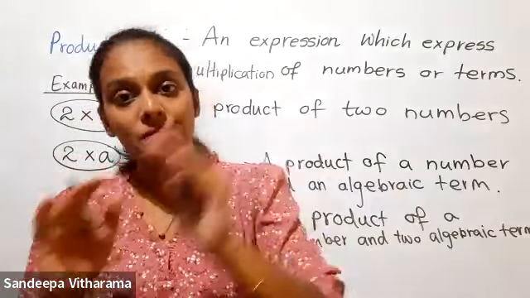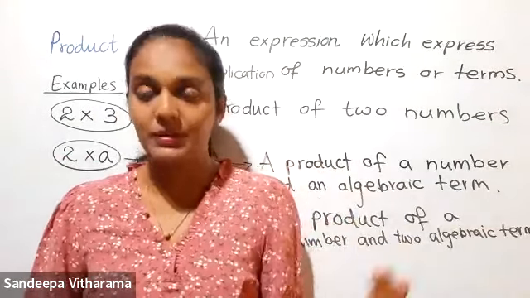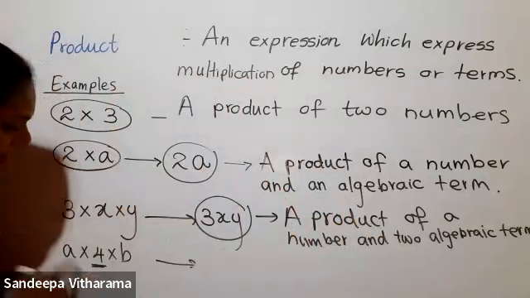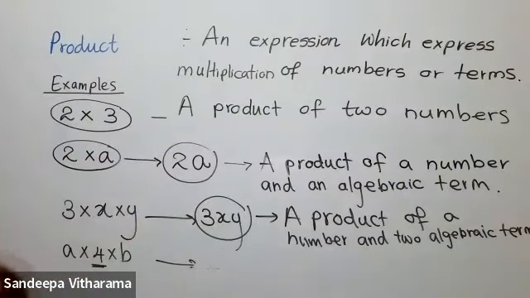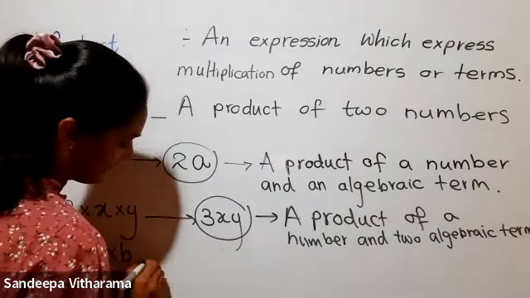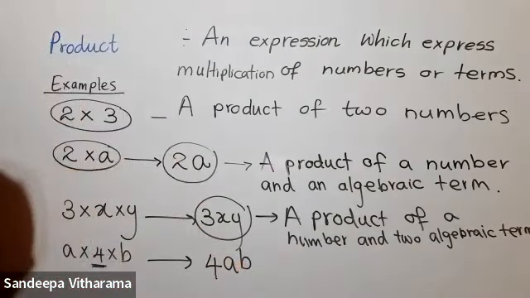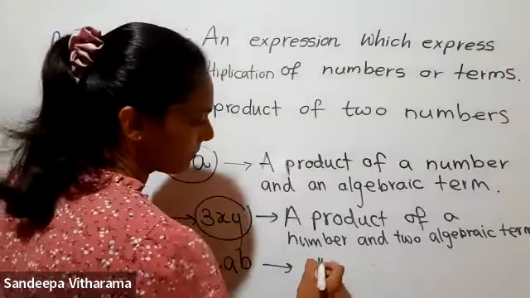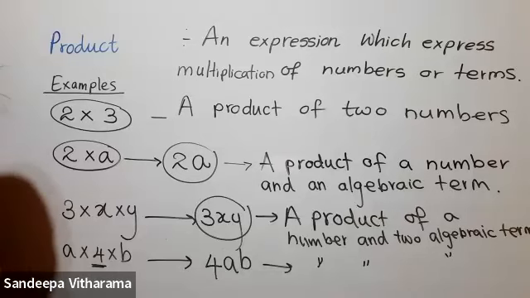It becomes 5x, because we have to give priority to the number. So here it becomes 4ab. It is 4a into b. This is also a product of a number and two algebraic terms.